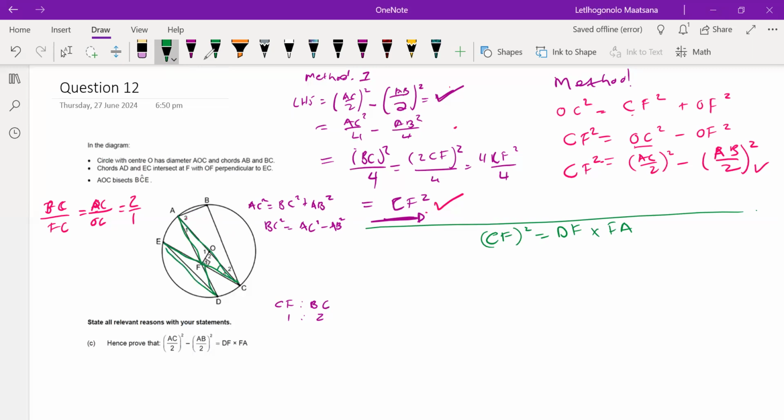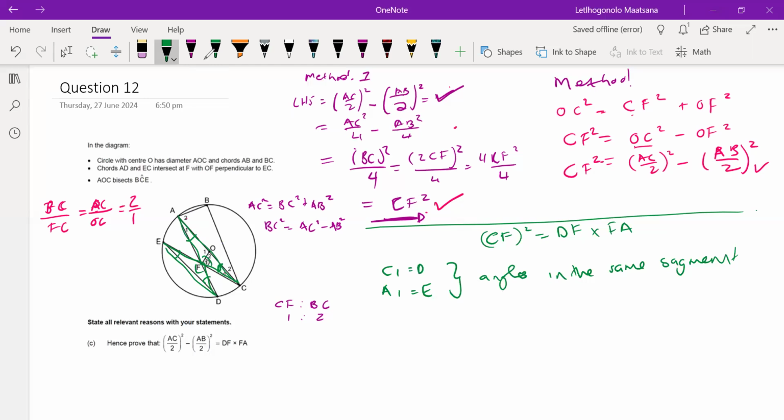From here, we can say that angle C1 and D are equal to each other because of angles in the same segment, and so are A1 and E. Vertically opposite angles are equal, or we can look at the fact that it's the third angle.